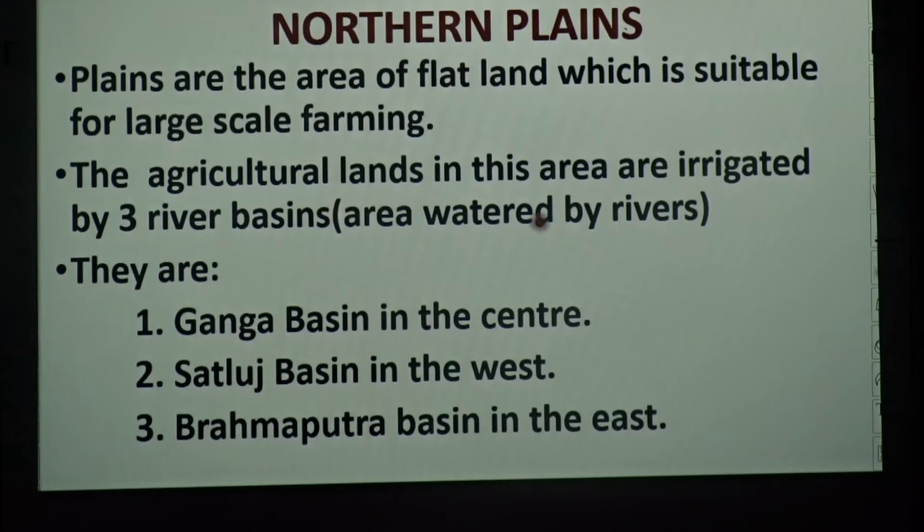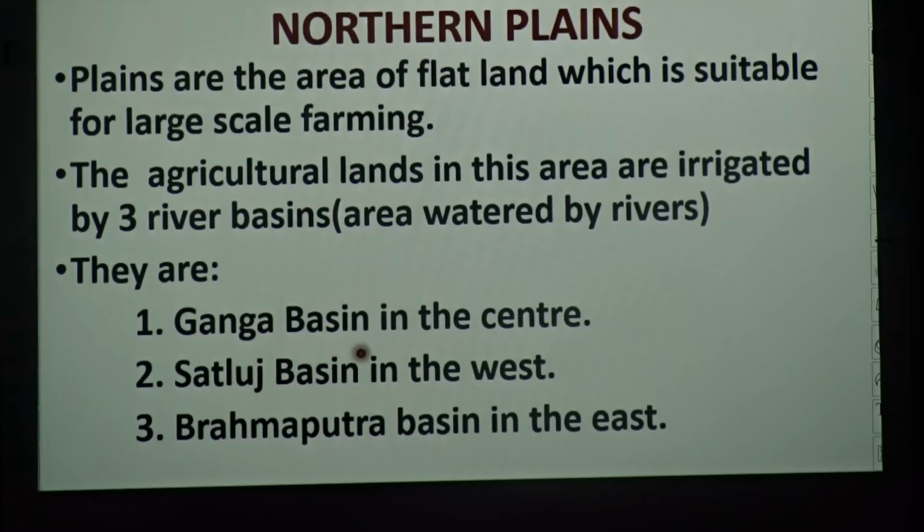So what are river basins? The area watered by the rivers is called a basin. In this region we have 3 river basins: Ganga basin, Sutlej basin and Brahmaputra basin.